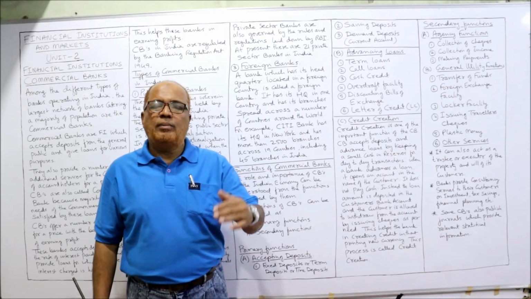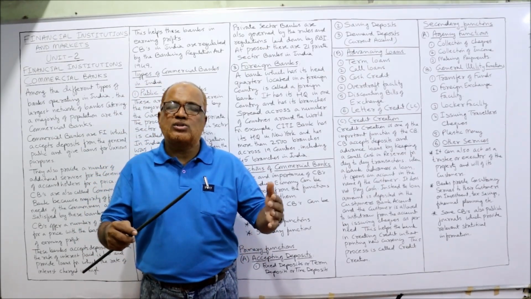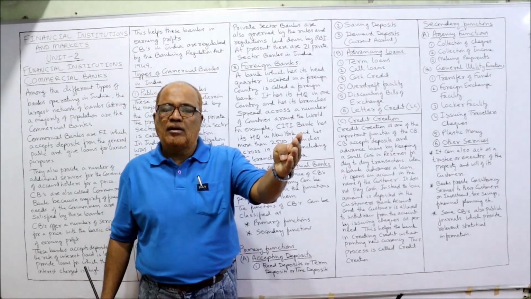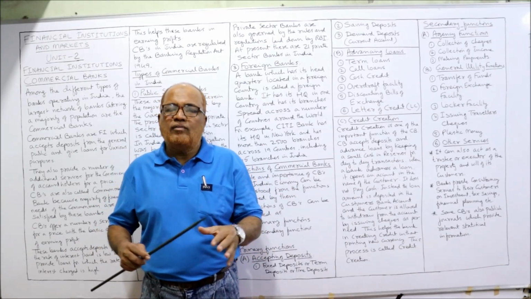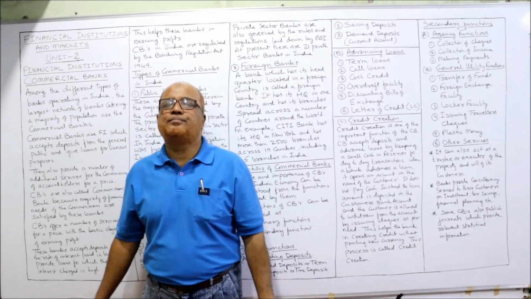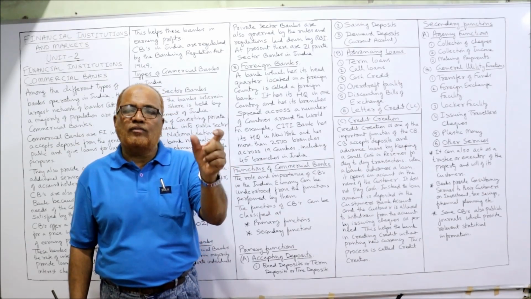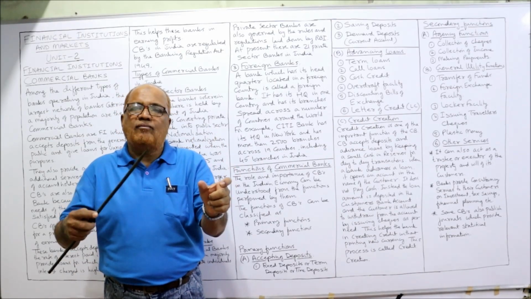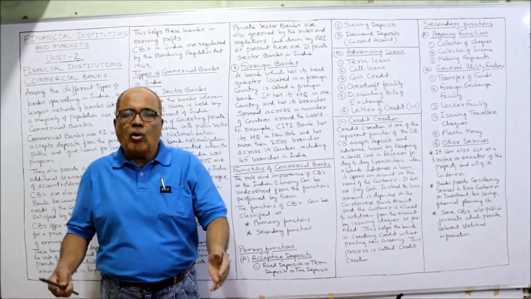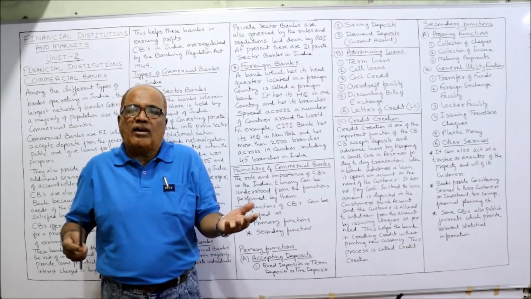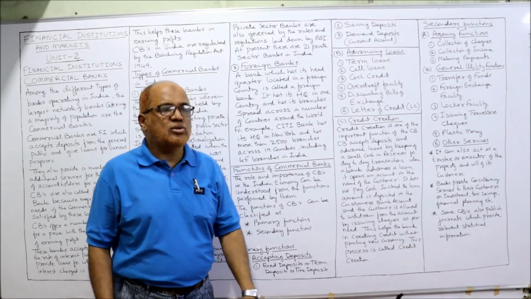Now, a checkbook will be given to the borrower. Whenever the borrower has to pay someone else, he will issue a check and the banker will debit the amount. So the whole loan amount is not given across the counter, but is credited in the account of the borrower, and the borrower can withdraw the money as and when it is needed. The whole amount will not be withdrawn. Whenever he requires, he will withdraw that amount. But the interest will be charged on the whole 80,000 rupees.